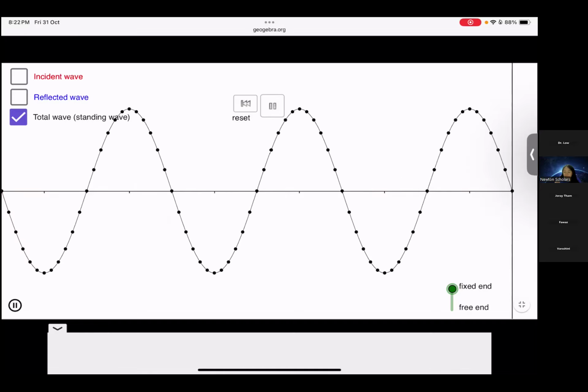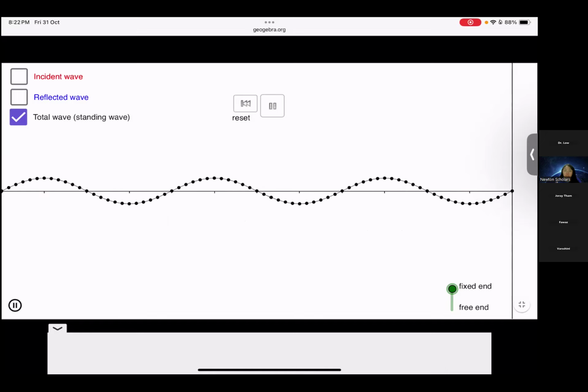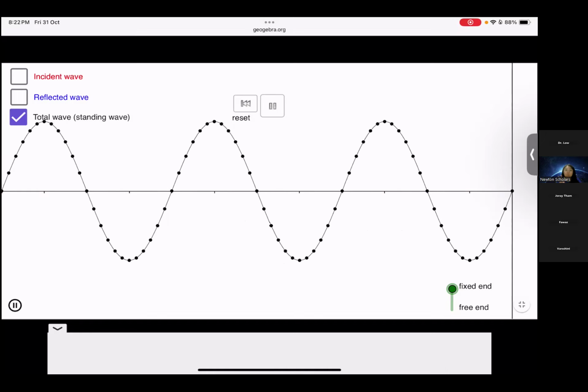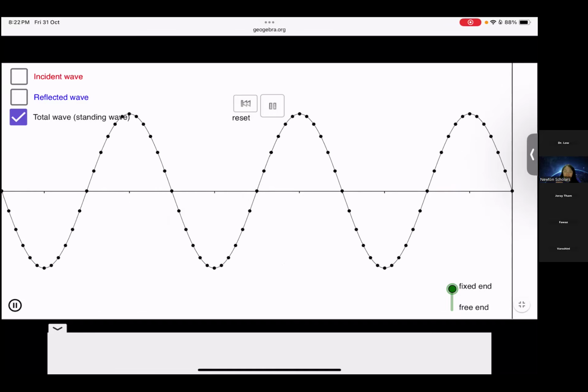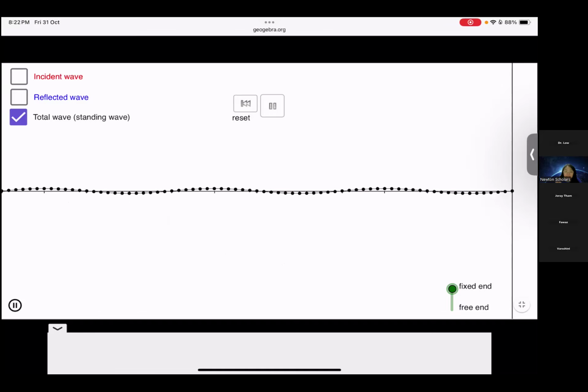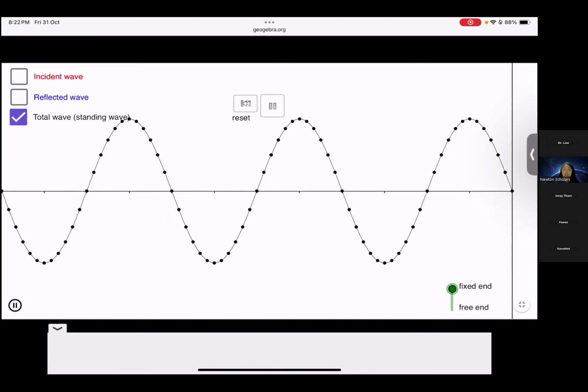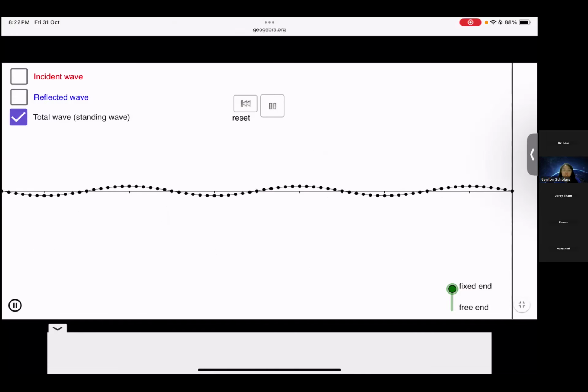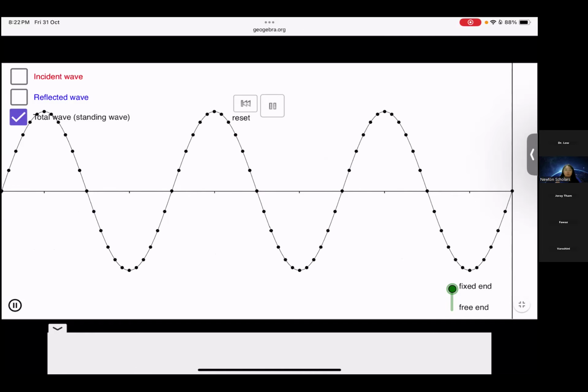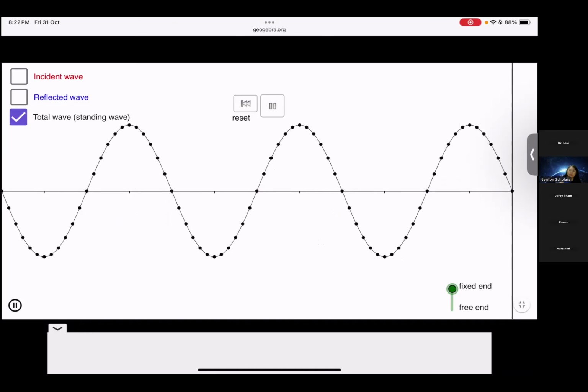So how is this standing wave produced? It is produced by two waves, the incident wave and the reflected wave, with the same speed in opposite directions, and they must be the same type. You cannot say one is light and one is sound. So they produce this effect.